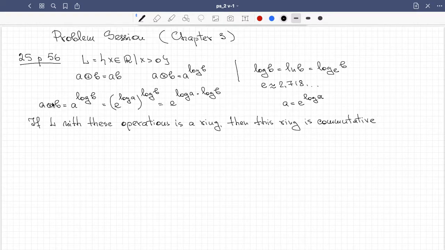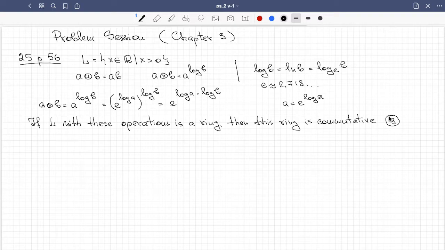A times in circle B is equal to B times in circle A. This is axiom 9 from our lengthy definition of what is a ring, what is a commutative ring, and so further. Now, however, the question is whether this is a ring at all.